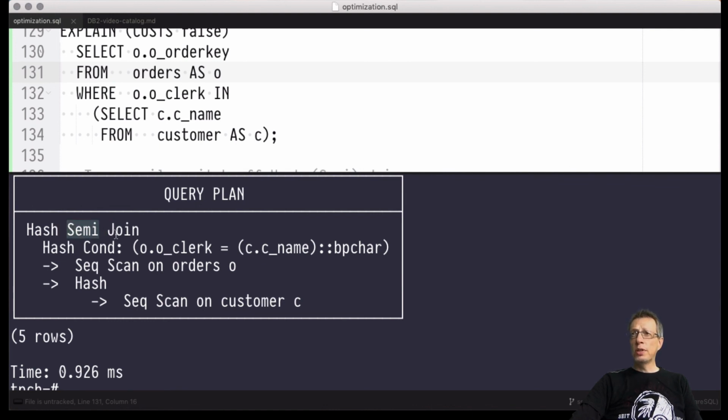The hash semi-join indeed implements this distinct semantics. Any row o that finds one join partner, or 2 join partners, or 3 join partners, will be present in the result exactly once. That's the semantics of a semi-join. Please recall our discussion in the DB2 course if you've ever attended that.